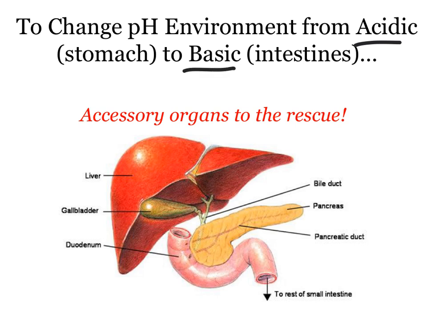So if we're putting acidic digested food from the stomach into the small intestine, that's going to make the small intestine acidic. This is going to pose a problem for any enzymes in the small intestine because they work well in basic pH. So the question is, how do we change the pH to go from acidic to basic when we move from the stomach to the small intestine? And the answer is accessory organs. They come to the rescue and help us to buffer the correct pH.